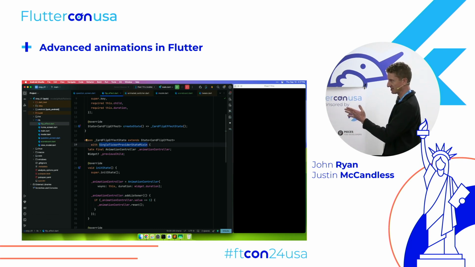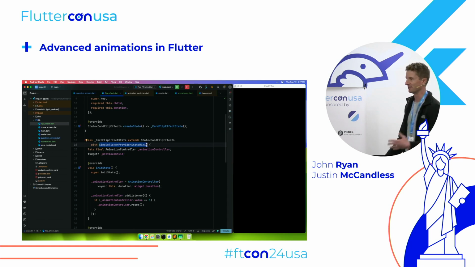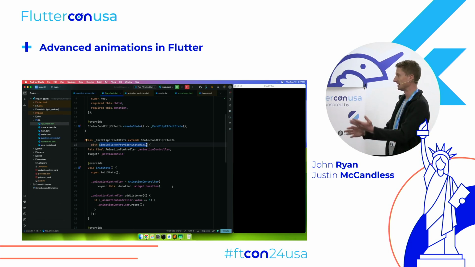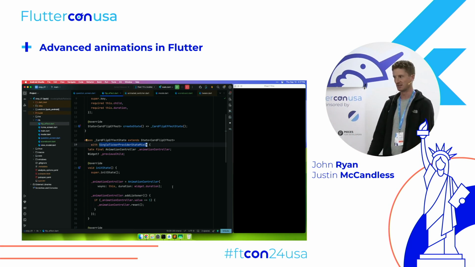And so what this does, along with the vsync parameter that we'll see below, is it lets you tie in to when a new frame is being generated, and it lets you call something then. So rather than having to do something like set a timer, we can use this ticker provider state mixin, pass this to vsync, and that is the way that under the hood we're able to update the animation once per real frame.